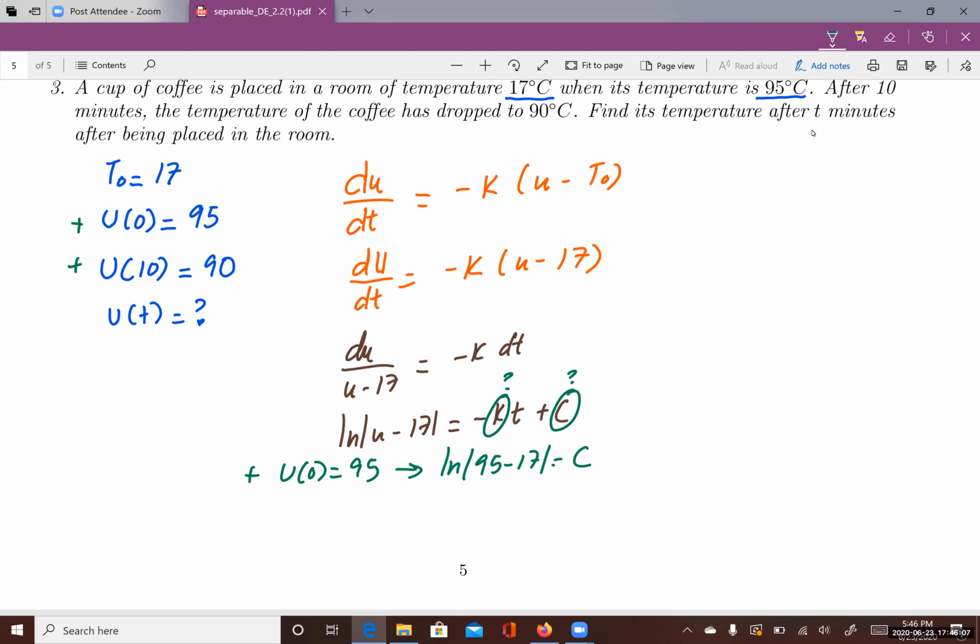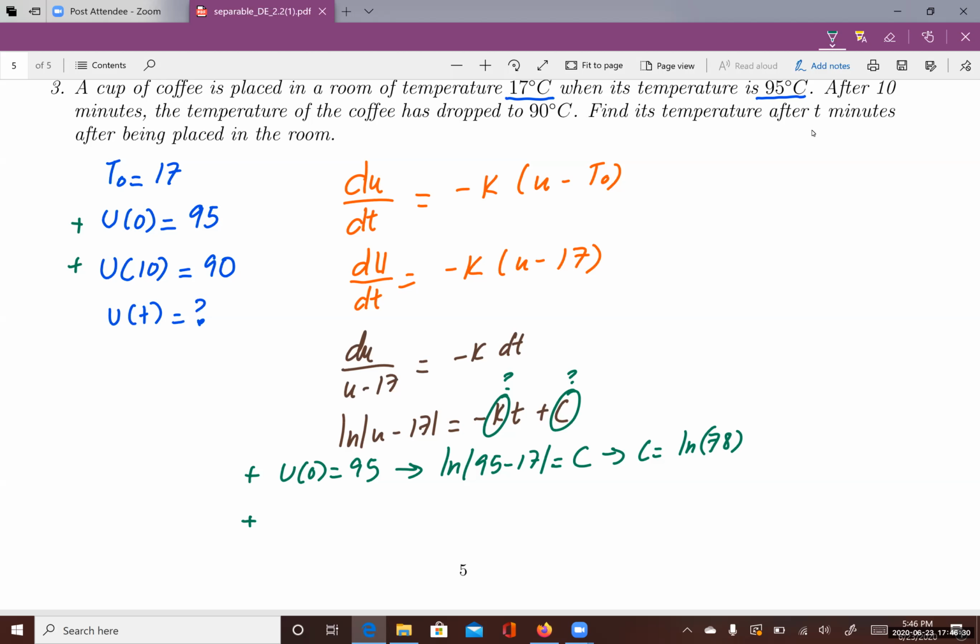Then I can find c, right? So c is just natural log of 78. Well, once I have c, then I need to find k, right? And I can use the second point to find k, hopefully.